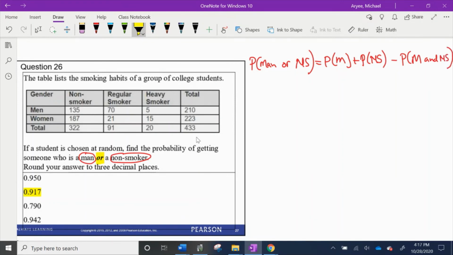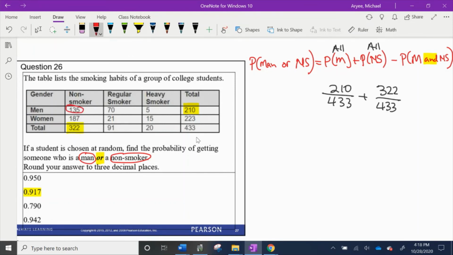All right, so this is "and". All the men, how many men do we have in total? 210 over 433. All the non-smokers, we have 322 over 433, right? So all the men, all the non-smokers, then where the men and non-smokers overlap.